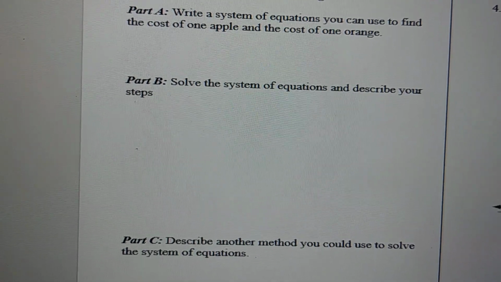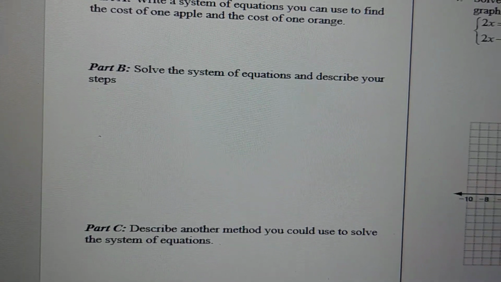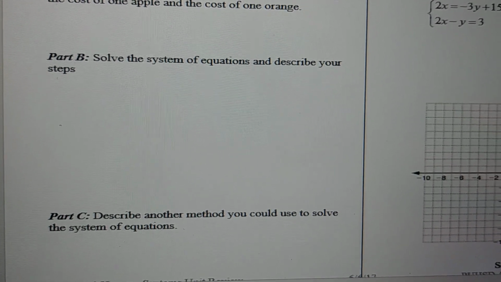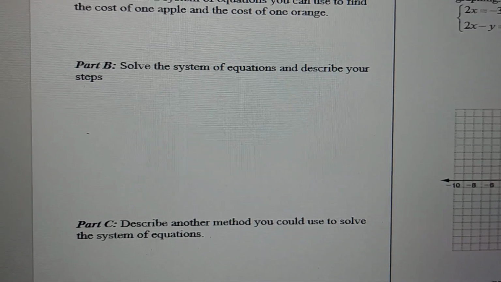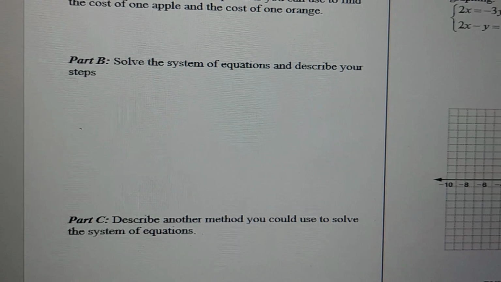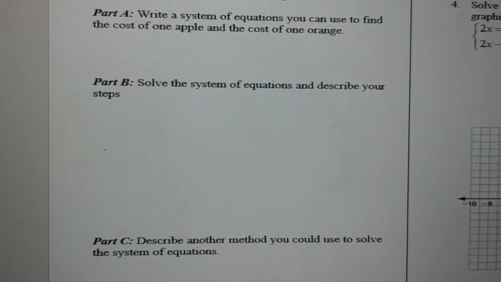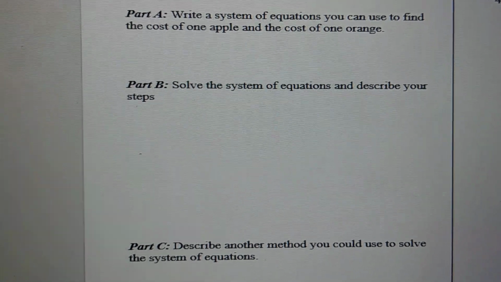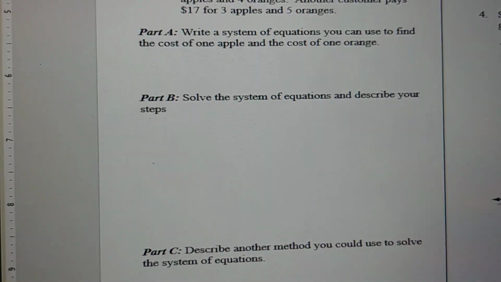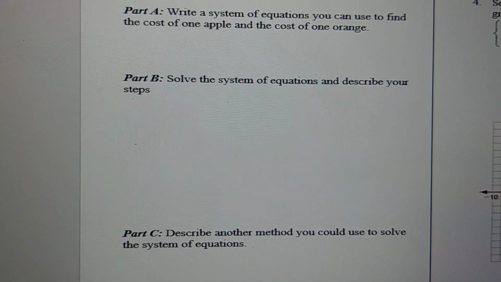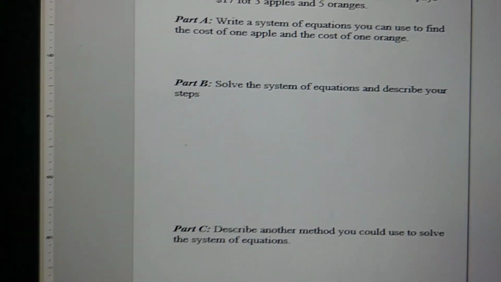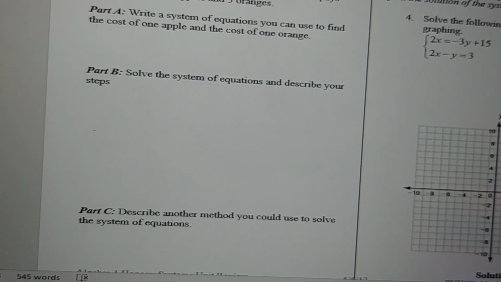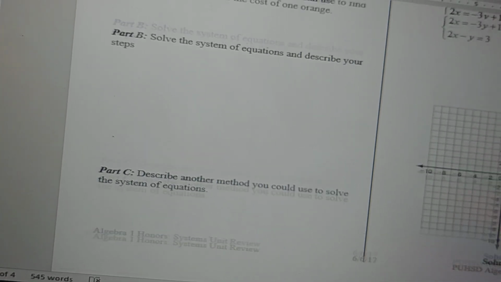We solved the system using the method of elimination, so you can just say you can also solve this problem using the method of substitution. And that'll be it for number 2.